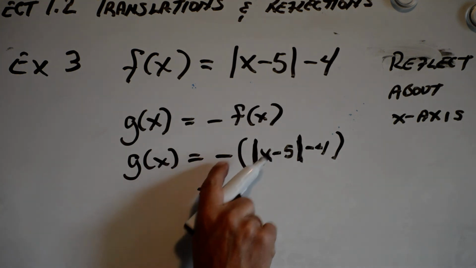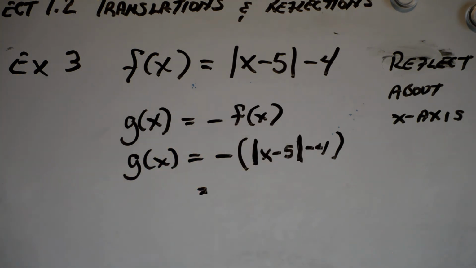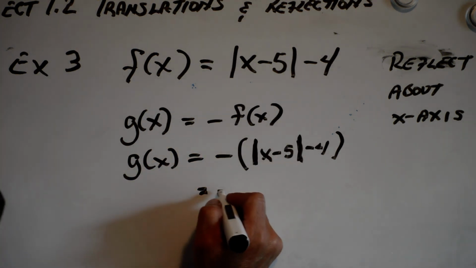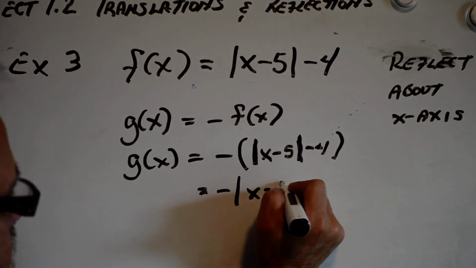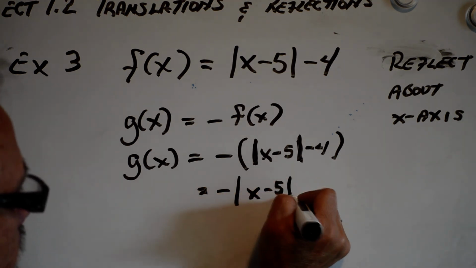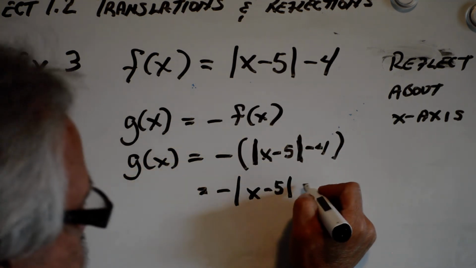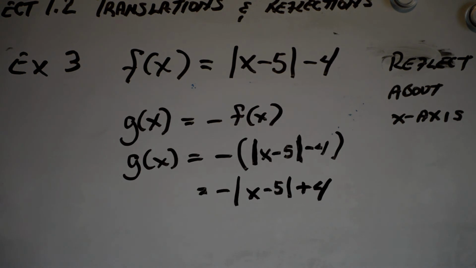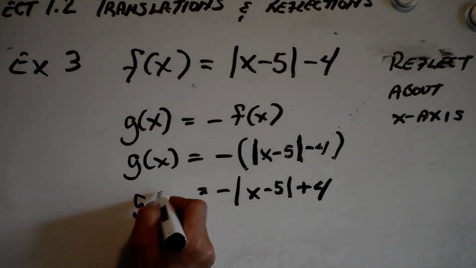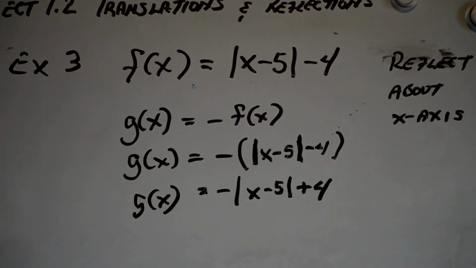So you cannot distribute that negative inside the absolute value. It just comes on the outside. Negative absolute value of x minus 5, and distribute it here, so that becomes plus 4. That is my new function with a reflection about the x-axis: negative absolute value of x minus 5 plus 4.